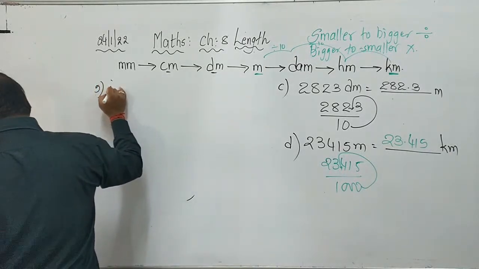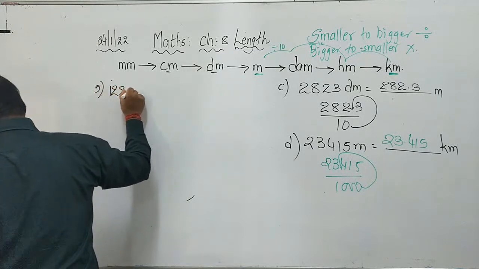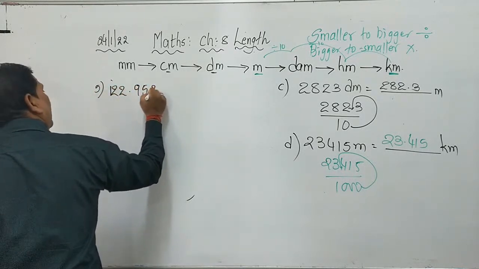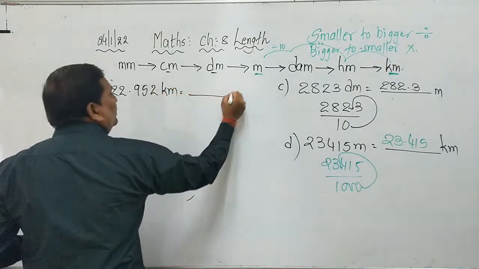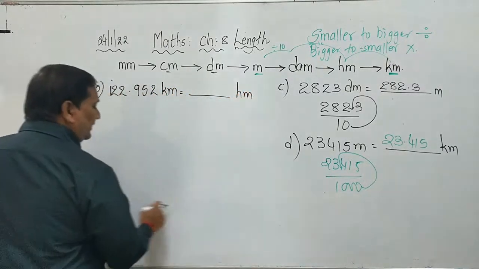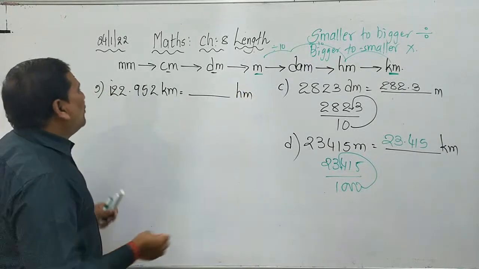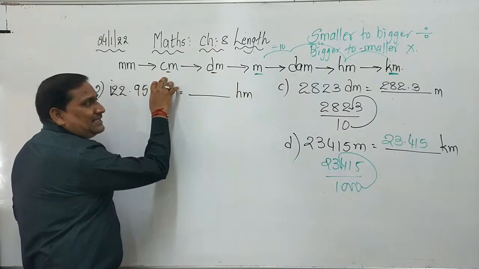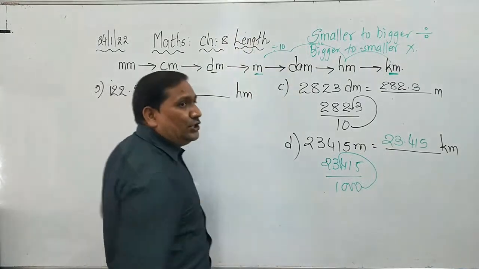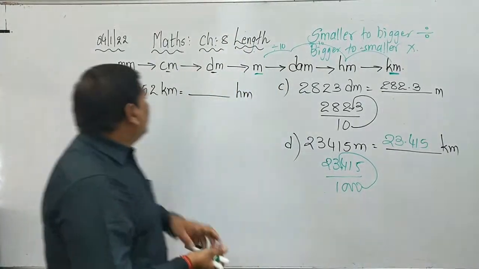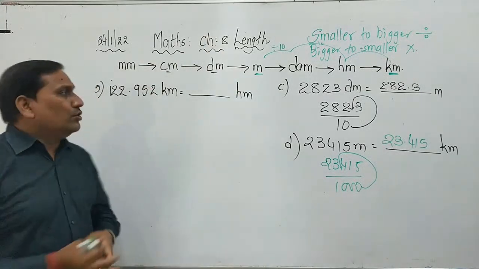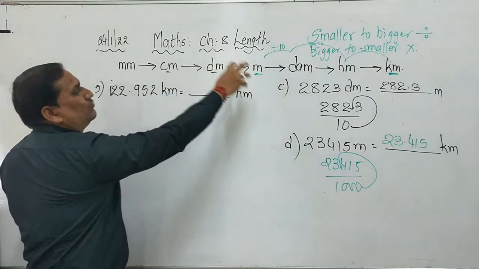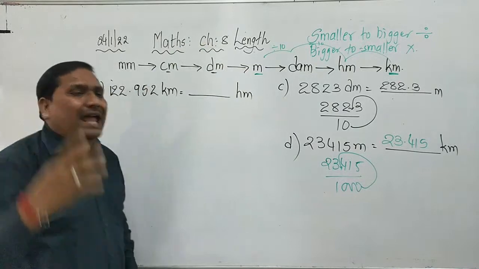The fifth one, it is given 122.952 kilometer is equal to dash hectometer. Okay, now the bigger unit is given and I have to convert it into the smaller. Kilometer is bigger than hectometer.